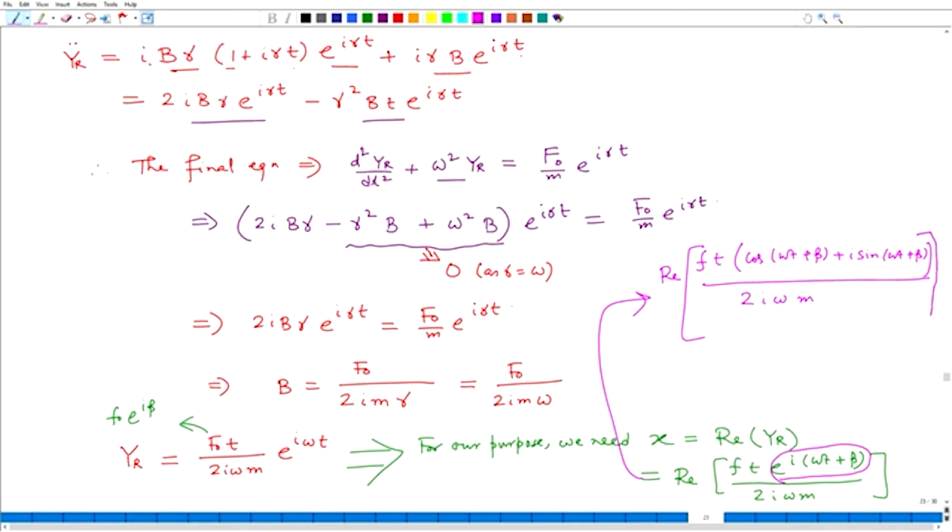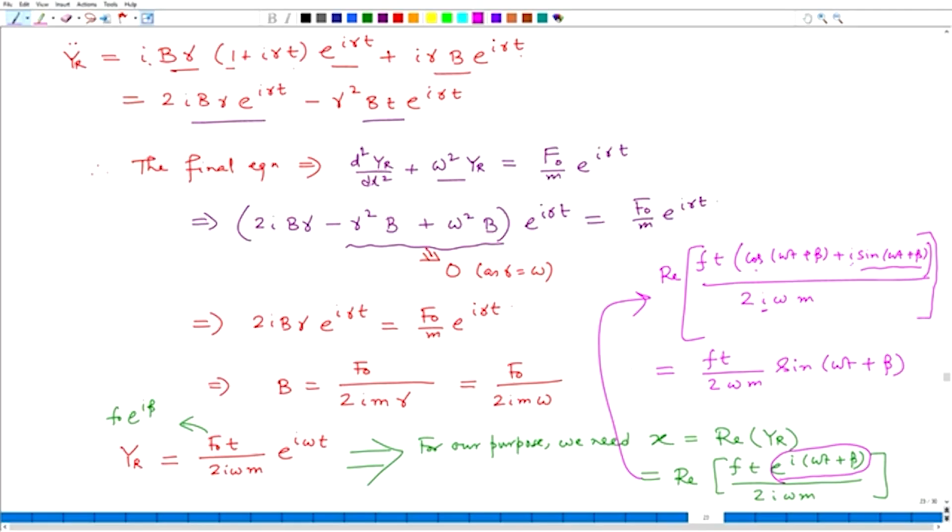Now you see, because you have an i over here, this will go with this 1 over i, which is minus i, and this i will go away. So this will become actually the real part, and finally you will have this is equal to f t by 2 omega m sine omega t plus beta. What is the conclusion?